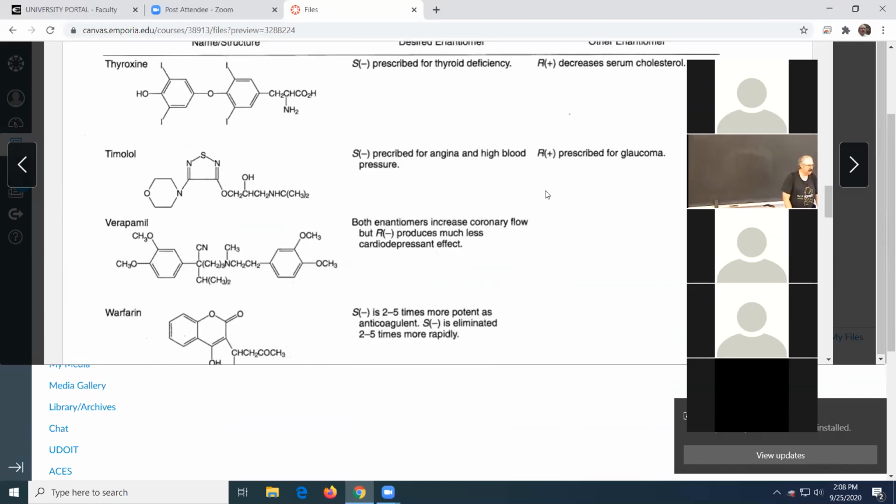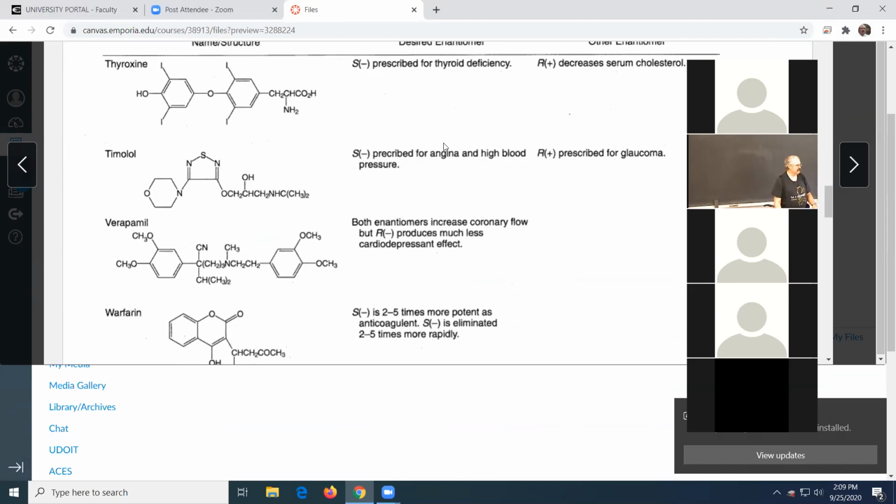All right, thyroxine. This is an example where the two enantiomers both have beneficial effects, but they're different effects. Thyroxine is prescribed for thyroid deficiency. Notice the iodine atoms here on the benzene ring. The R plus is used to decrease serum cholesterol.